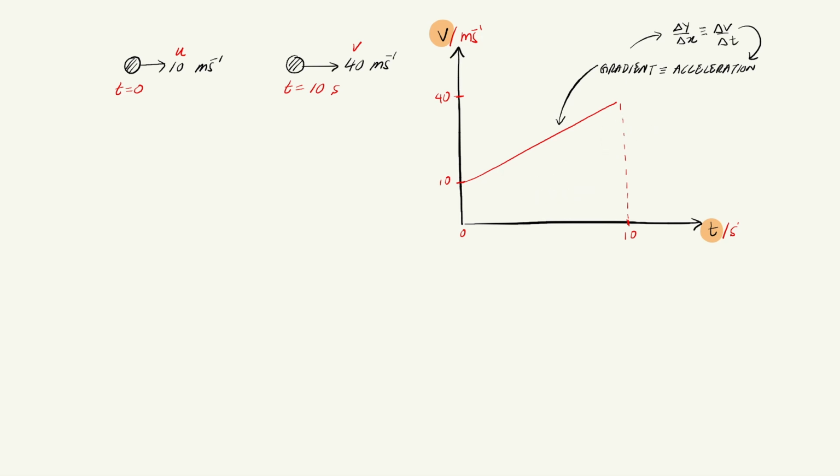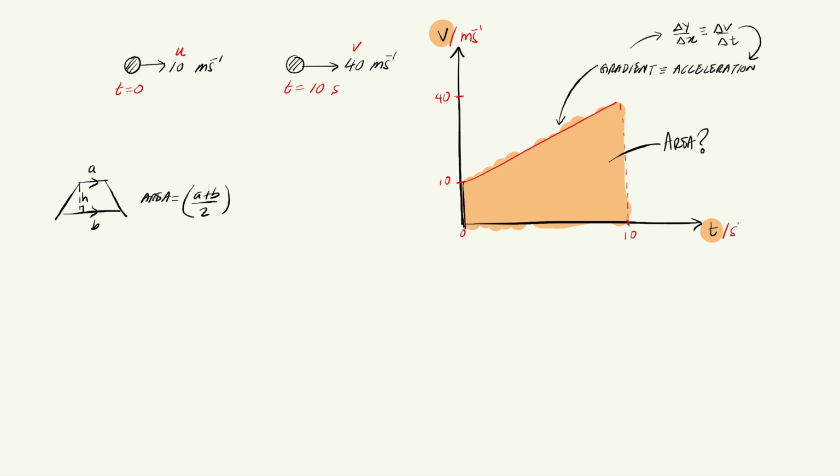Now let's look at something else on this same graph, the area underneath the line, between the line and the time axis. Look at the shape this area makes. It's a trapezium, 2 parallel sides and a perpendicular height between them. You may already know the formula for the area of a trapezium. If the 2 parallel sides are a and b, and the height is h, the area is (a plus b) over 2 times h.